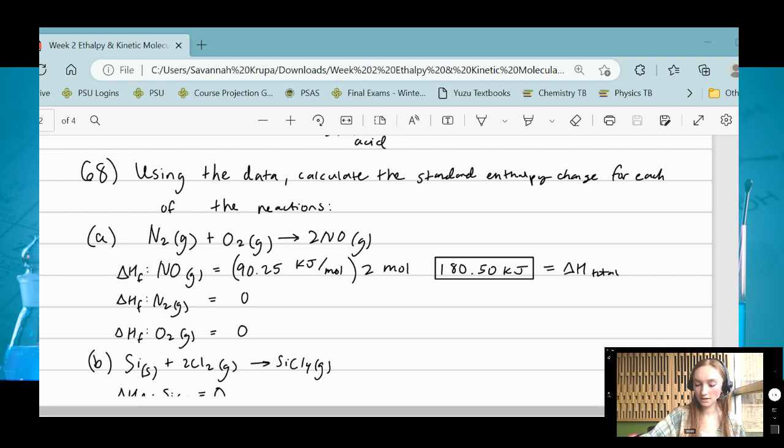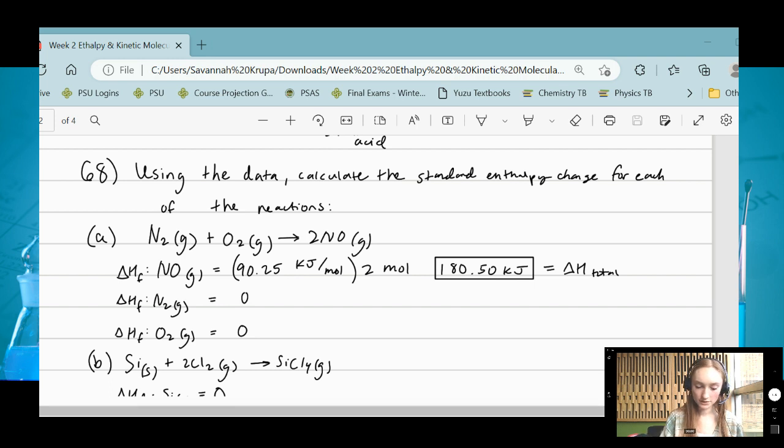Because it's making the NO gas, our standard enthalpy here is in the form of the formation of this gas, and so we don't need to multiply it by a negative or anything like that, because it's already going into the products, and that is our final answer, the 180.50 kilojoules.